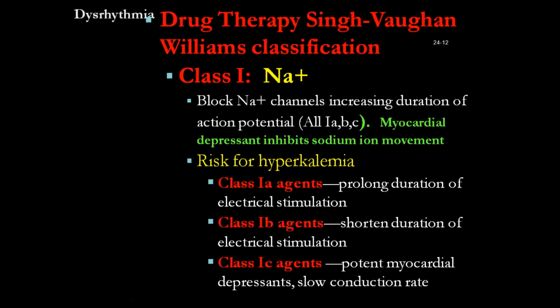All right, so let's talk about the classification. We have classes 1, 2, 3, 4, and 5. If we remember our depolarization and repolarization, the beginning of the depolarization is the entry of sodium.